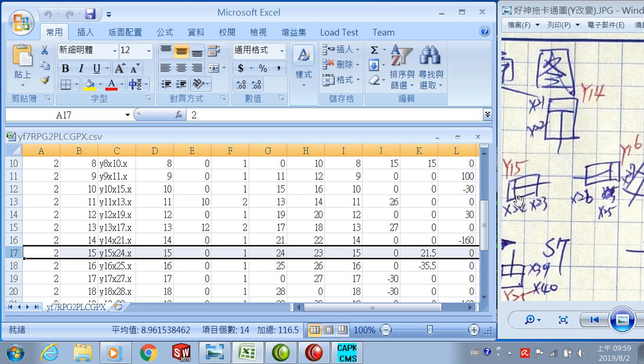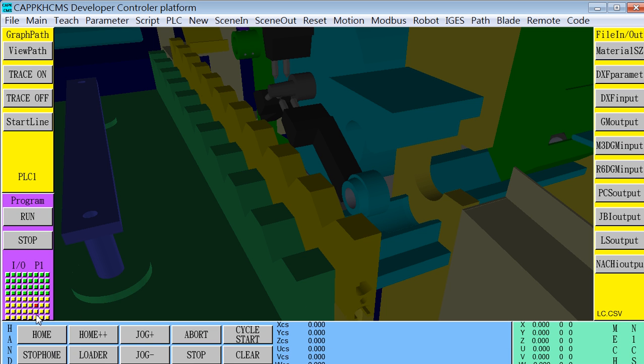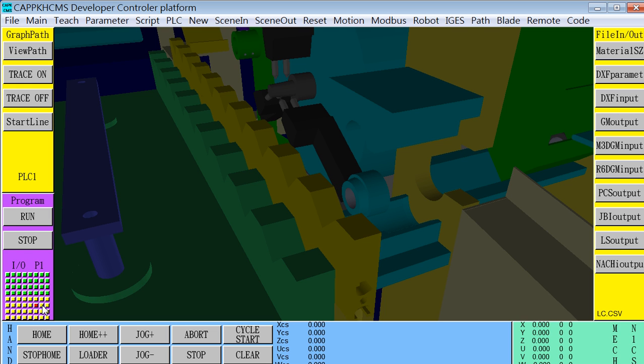Let's see Y15 and Y16 working together. Y15 on, moving up. Y16 on, moving down. Off, off. That's it.